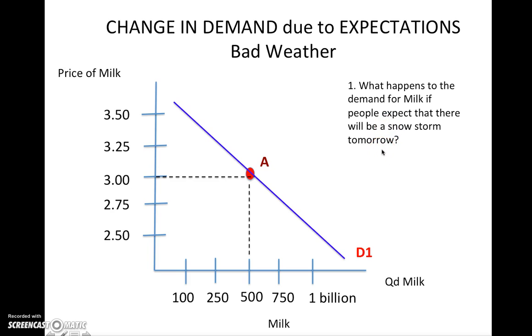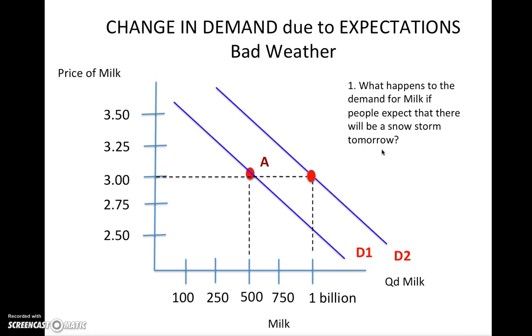So if there's a snowstorm coming, people will buy more milk, so quantity demand for milk has to increase. So once again, where will your demand curve shift? Will it shift to the left or shift to the right? Definitely it will shift to the right, showing an increase in your quantity demand.